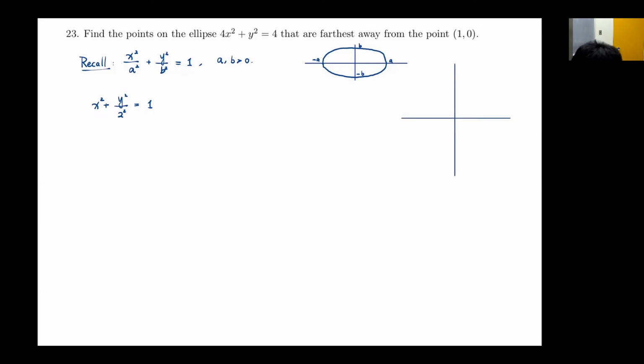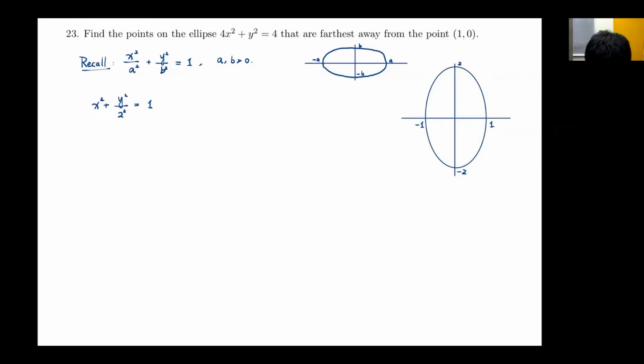Let me just draw the coordinate axis, then draw the ellipse. The x-intercepts will be minus 1 and 1, and the y-intercepts will be minus 2 and 2. So this is how it looks in this problem.